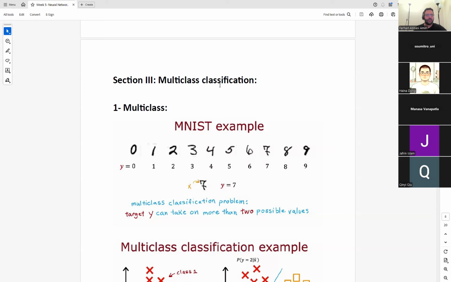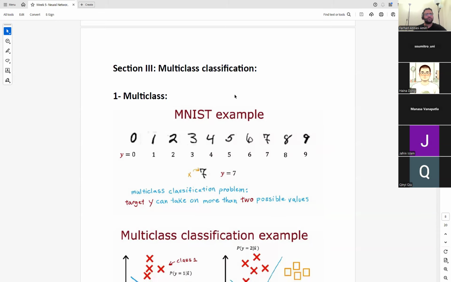Then I'm going to introduce the softmax activation function, and I think it's the last section of this session.